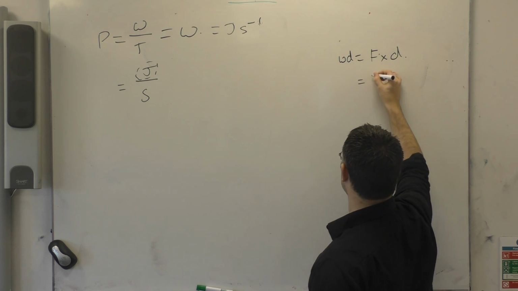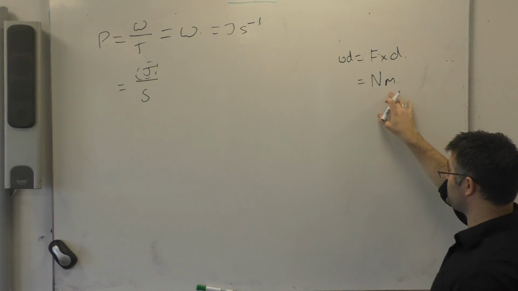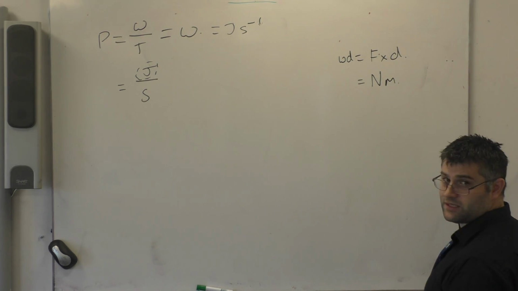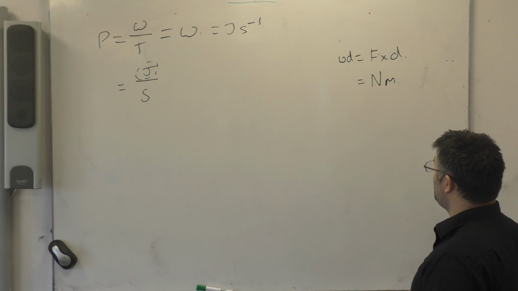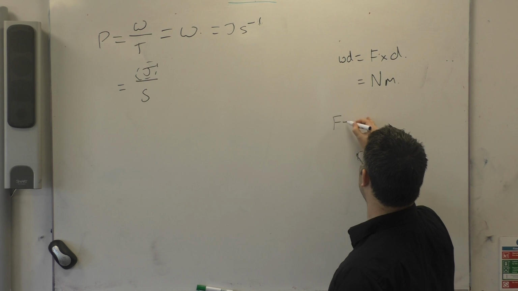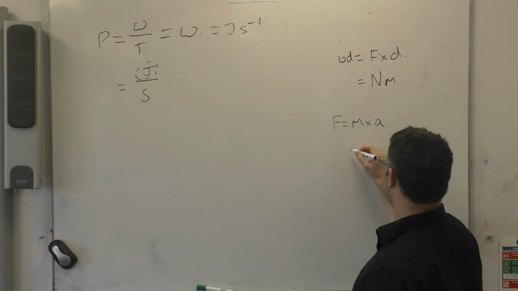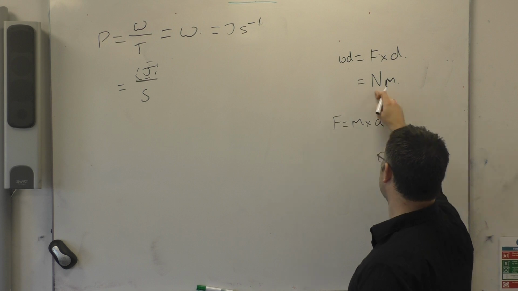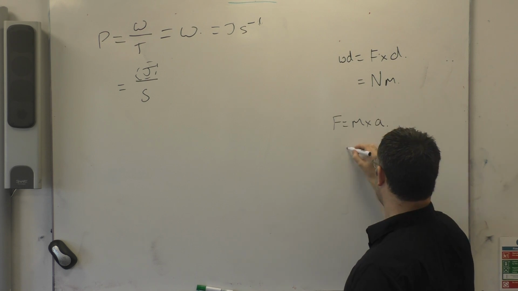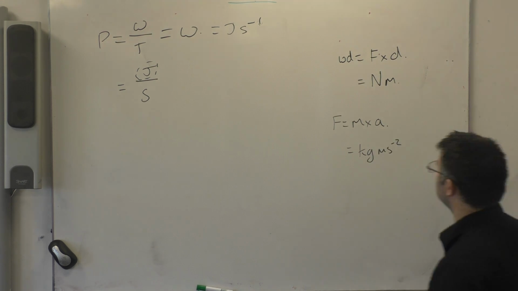So that means a joule is a Newton meter. So we've broken this down into one base unit because meters is a base unit. Newtons, however, is not a base unit, so newtons we can do in terms of force equals mass times acceleration, which means that force, or newtons, is kilogram meters per second to the minus 2.